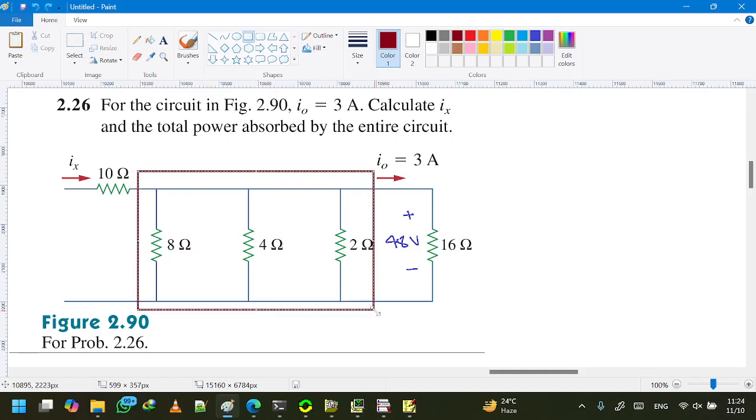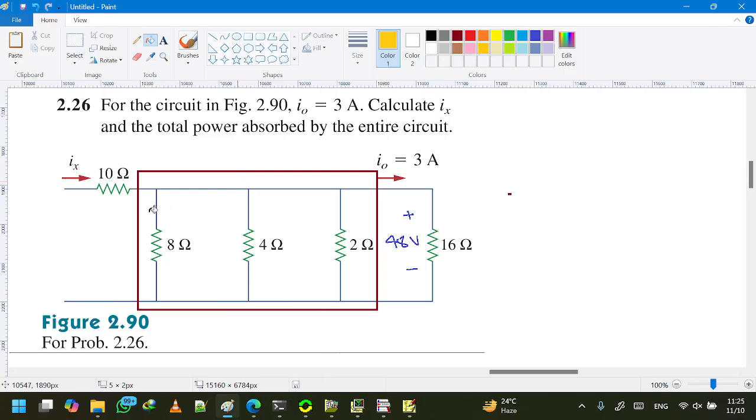together. If we merge these as one, to find the equivalent resistance, it will be 1 by 8 plus 1 by 4 plus 1 by 2, and whatever that is, we take the reciprocal, 1 by that, and we will get the R equivalent.